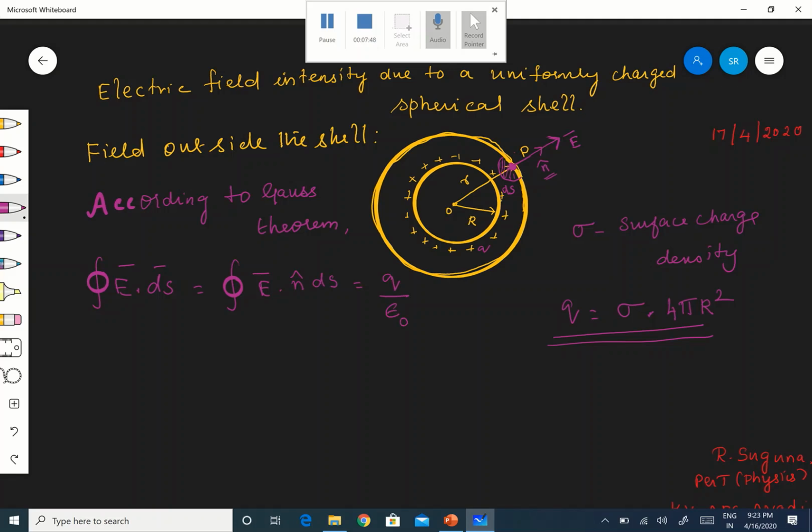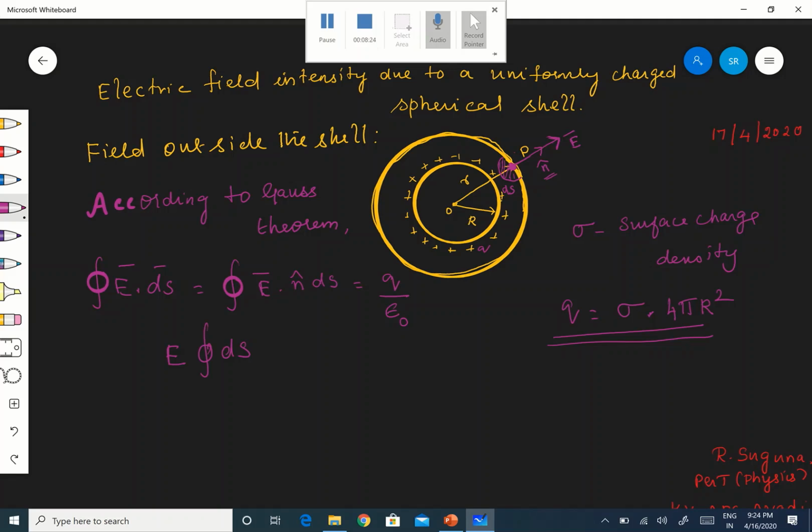Therefore, you can write this as E dot n ds, both in the same direction. That is nothing but E ds, because E dot n ds means E ds cos theta, and with theta equal to 0, cos 0 is 1.